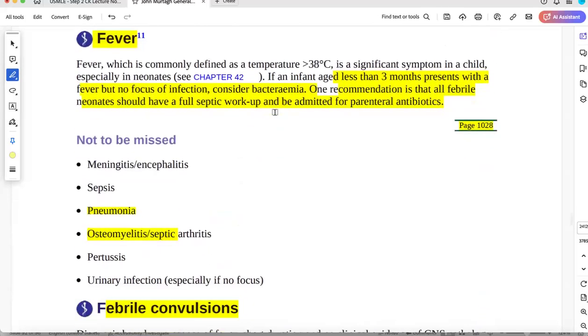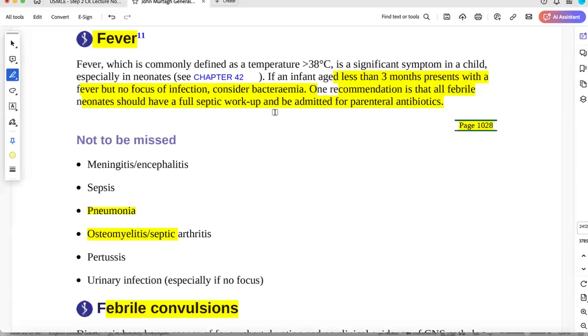Moving on to fever. A lot of things can cause fever in a child. But always remember, if an infant has fever and you can't find any specific cause of infection, and it is a less than 3-month-old child, you will always consider a full septic workup, and you would admit the child in the hospital to find the source of infection.